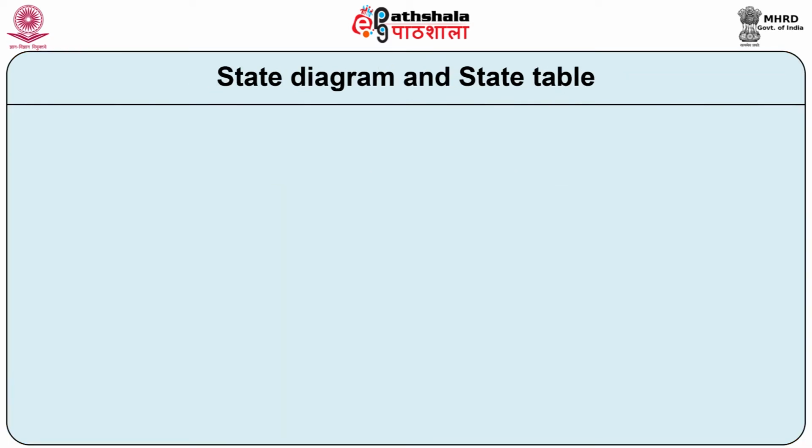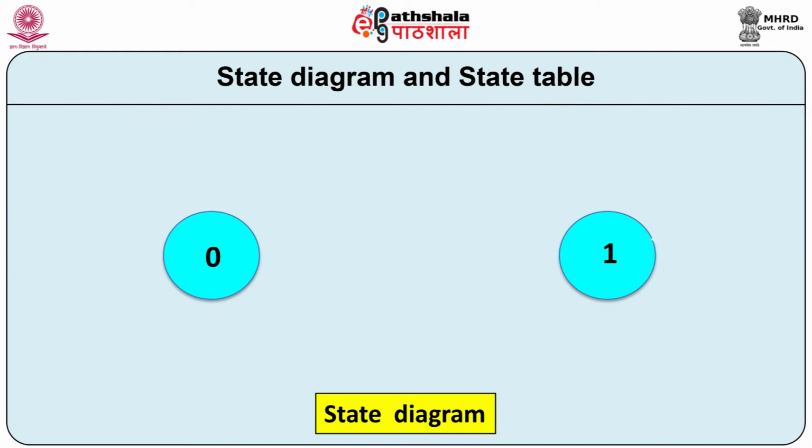Let us now discuss the state diagram and state table for a sequential circuit. A state diagram is a graphical representation of the sequential circuit. Individual states are represented by a circle with an identifying symbol located inside. Let us consider a simple circuit having two states 0 and 1.